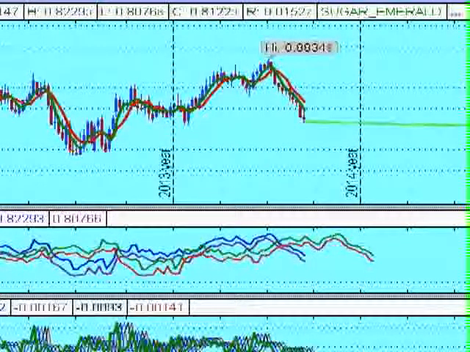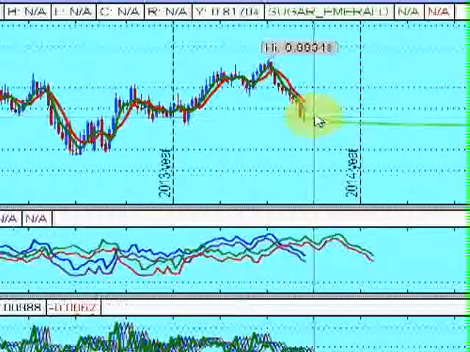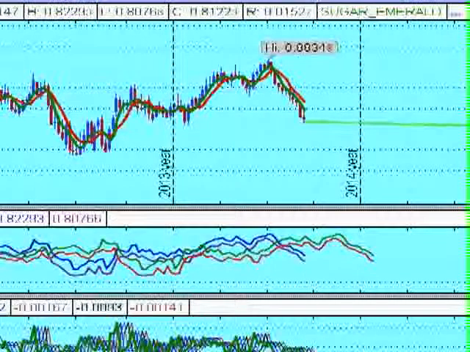So, just a heads up of what I'm thinking, and maybe you're thinking the same thing. Now, it may get a little bounce here and go up maybe 150 pips, you never know. But mostly in Forex, it doesn't behave like it does in stocks.